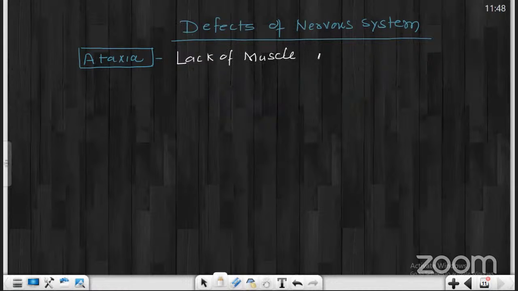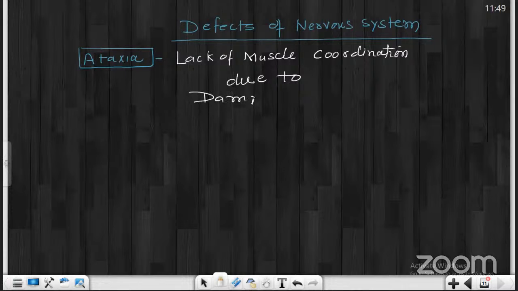And why this lack of muscle coordination? The reason is damage to the cerebellum. And what is the cerebellum? Cerebellum is the hindbrain portion. If it is damaged, it causes ataxia.